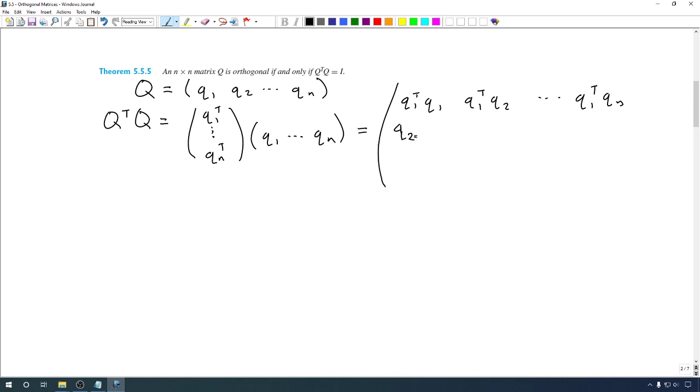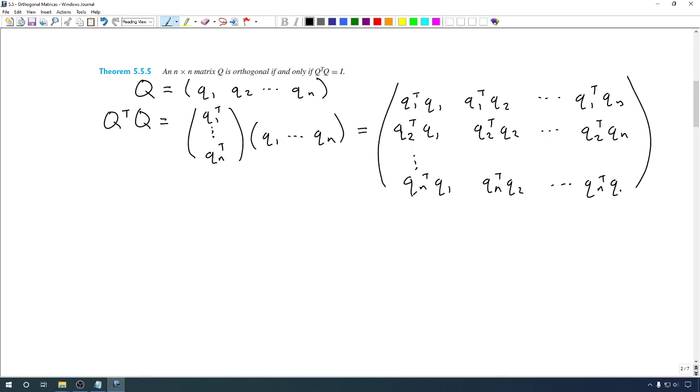So Q2 transpose Q1, then Q2 transpose Q2, through Q2 transpose Qn, and so on and so forth. So down here we have Qn transpose Q1, Qn transpose Q2, through Qn transpose Qn.